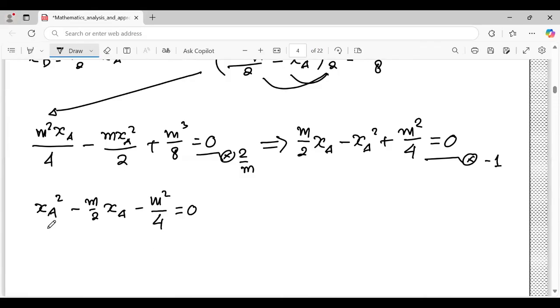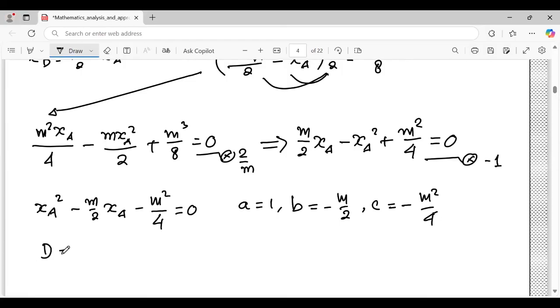This is a quadratic equation, in which A equals 1, B equals minus m half, and C equals minus m squared over 4.